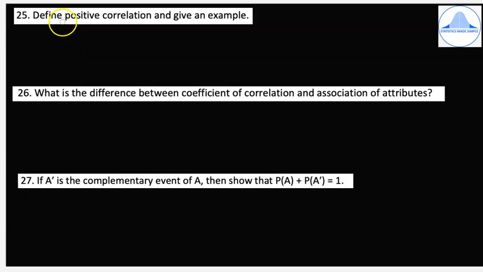25th question, define positive correlation and give an example. So if the two variables deviate in the same direction, they are said to be positively correlated.